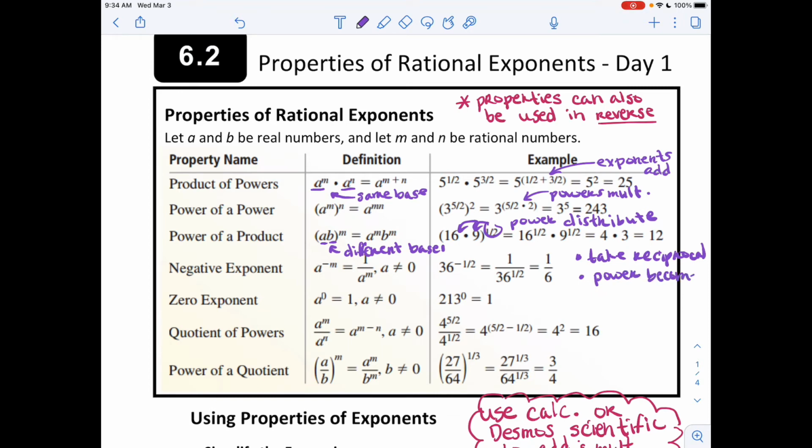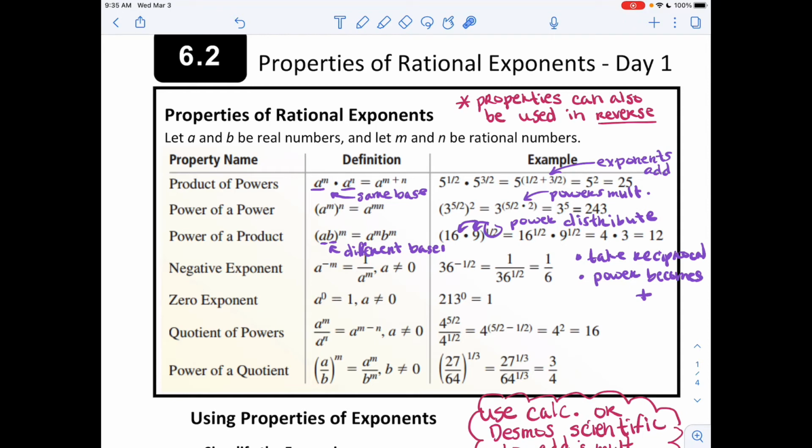So we get rid of that negative by taking the reciprocal. So for our example, we have 36 raised to the negative 1/2 power. The reciprocal of 36 is 1 over 36, and our exponent becomes a positive 1/2. Well, we know that the square root of 36 is 6, so our final answer is 1 over 6.